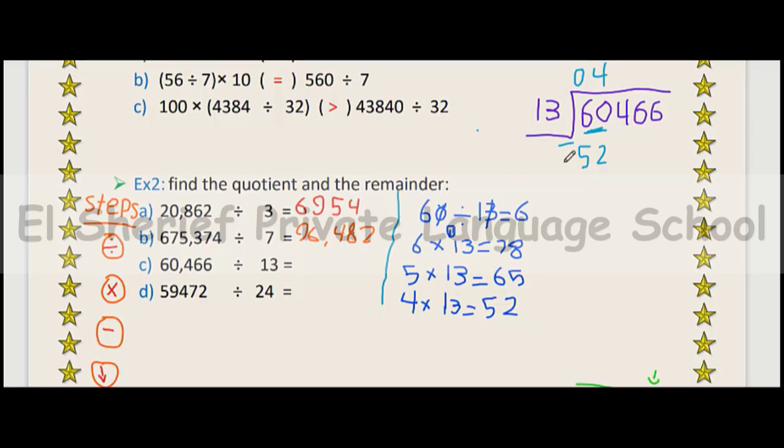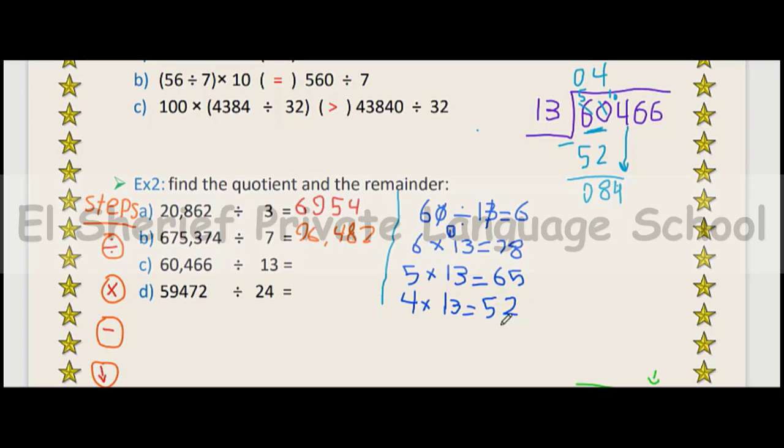Then subtract. 0 minus 2 can't be, so borrow from 6. 6 becomes 5 and 0 becomes 10. 10 minus 2 equal 8, and 5 minus 5 equal 0. Then down 4 and write 4 here. So here we get 84.